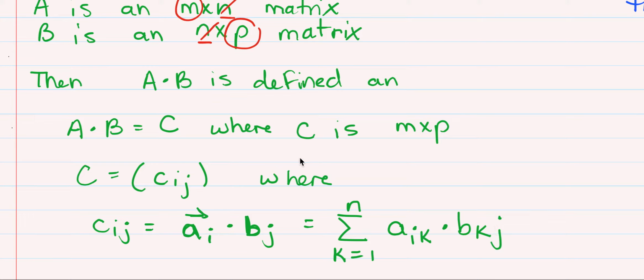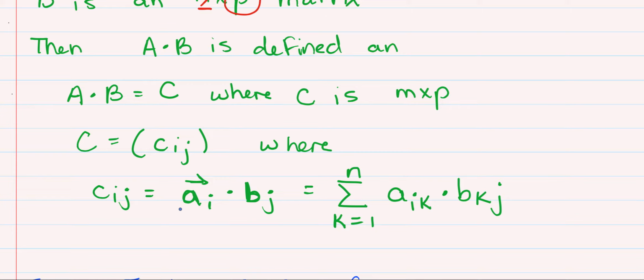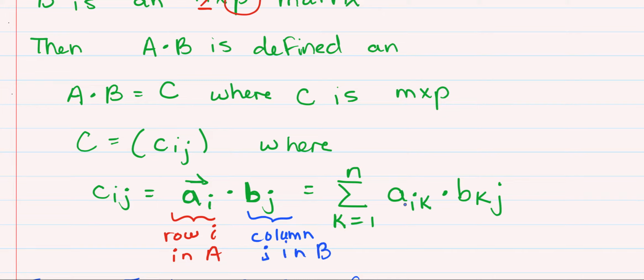I'm going to explain this to you in just a second. Okay, so this Ai is the row i in matrix A, and this is the column vector j in B. Okay.